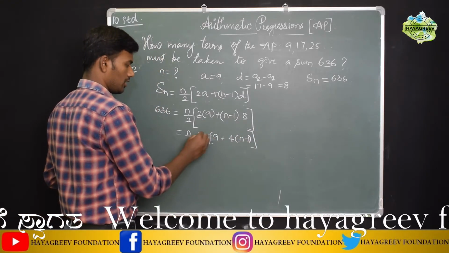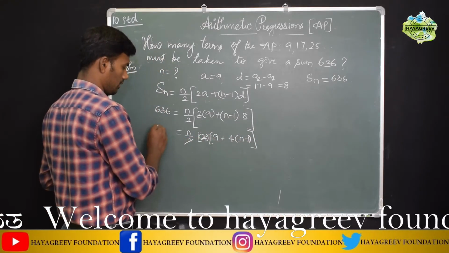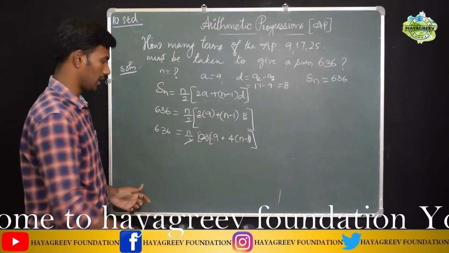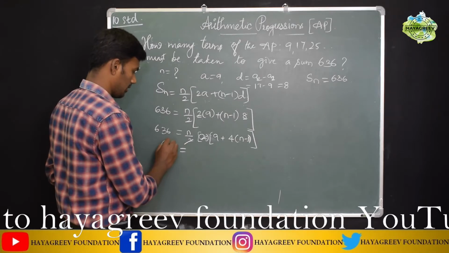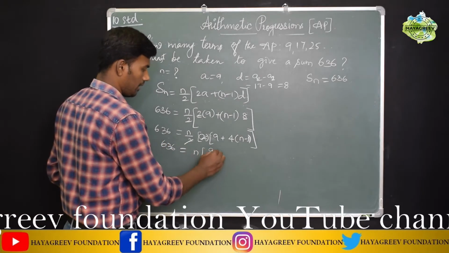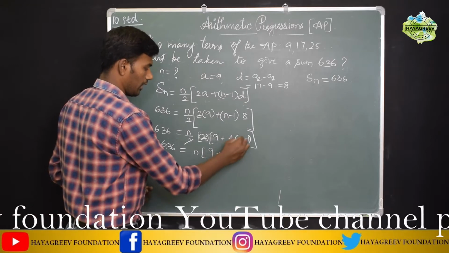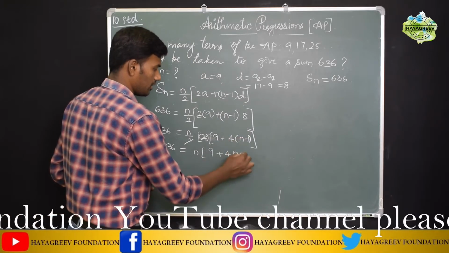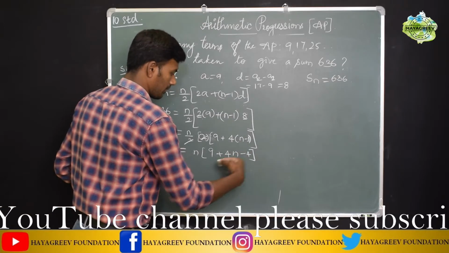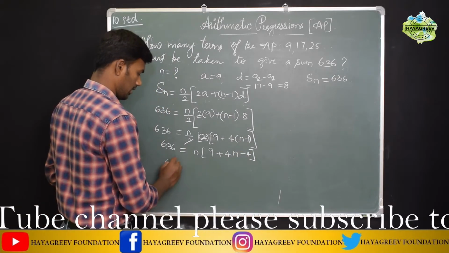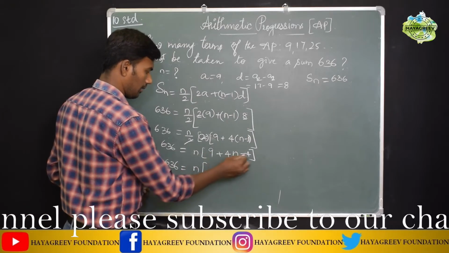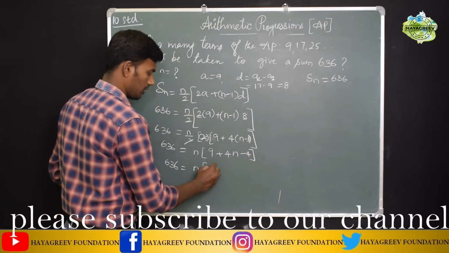Then this 2 and this 2 get cancelled, we will have 636 equal to n into 9 plus 4n minus 4. Then 636 is equal to n into 5 plus 4n, 9 minus 4 is 5.